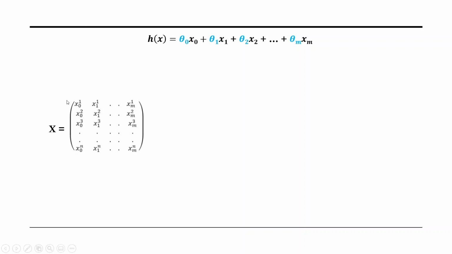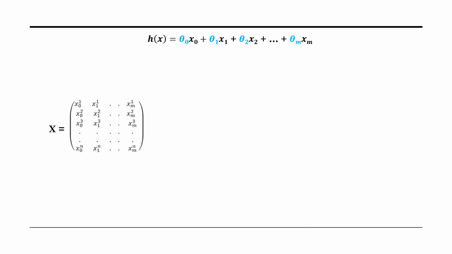Assuming we're taking the house price analogy here, each row will be one house. So x naught of 1 would represent the first feature of your first house, x1 of 1 the next feature of your first house, all the way till xm of 1, right? And this goes on for n houses, which each have m features. So this is your n cross m matrix.